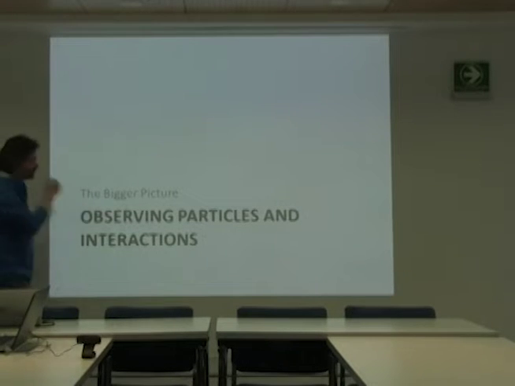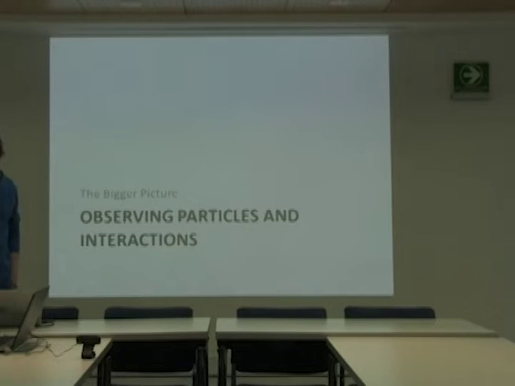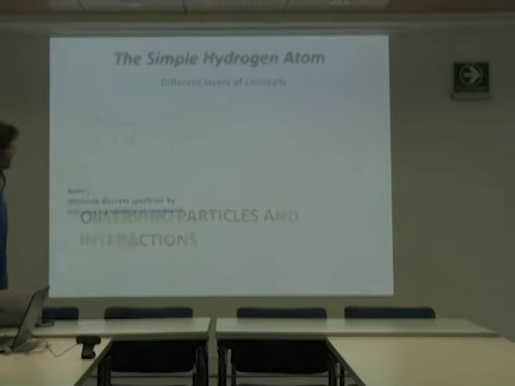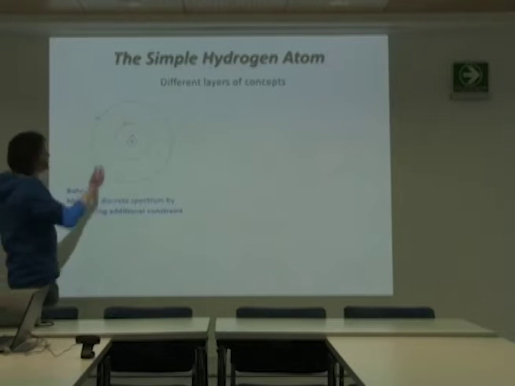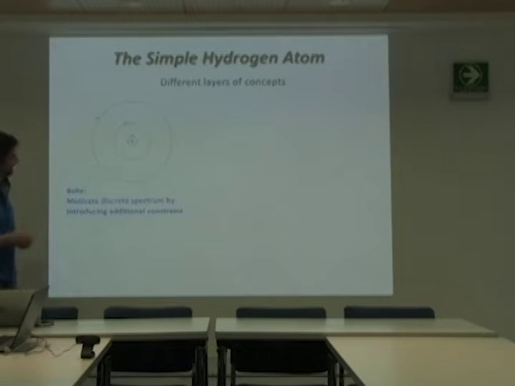So here I'm saying it's particles with interactions. That is the Standard Model. It's both of that one. That's what we are understanding. And now I go far back historically, and I introduce the hydrogen atom because that comes back in a moment. I work with that. And there are, we all have learned this, these different layers of concepts.